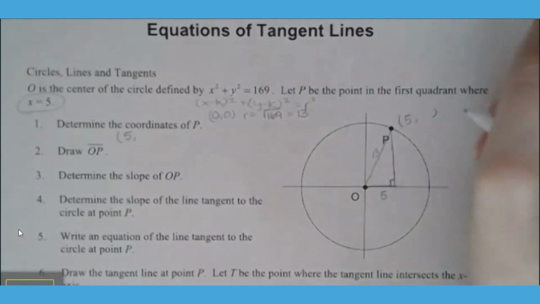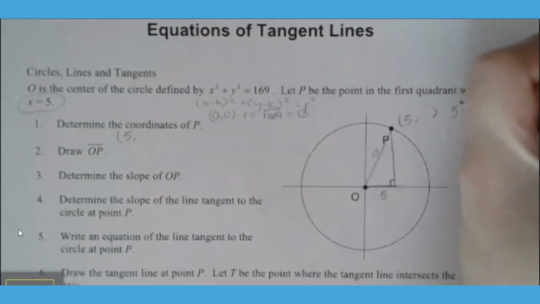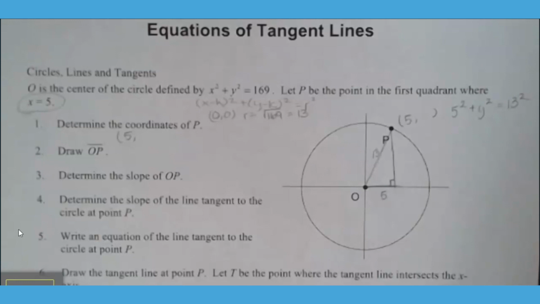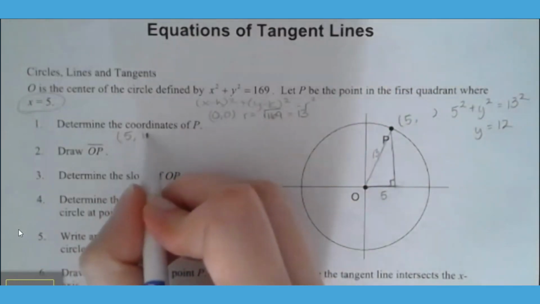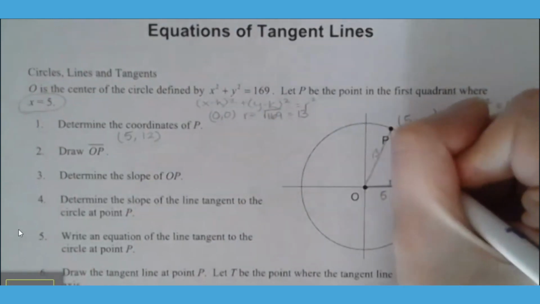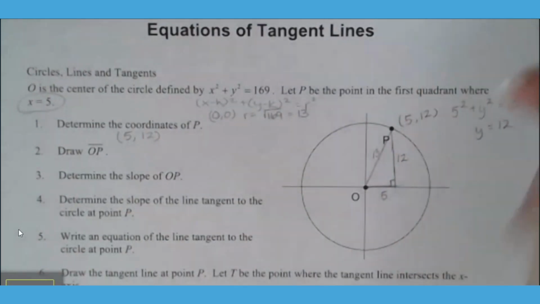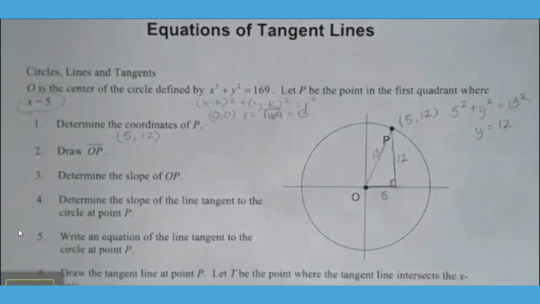If they don't, then you may have to take a moment and remind them of the Pythagorean theorem, which they can use to solve and get that y is indeed equal to 12, making that vertical distance 12.